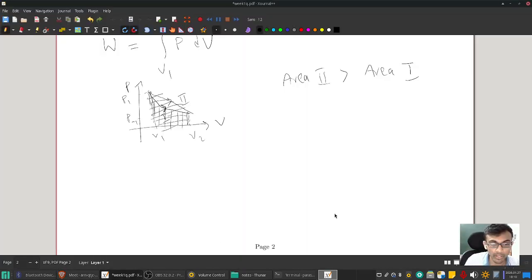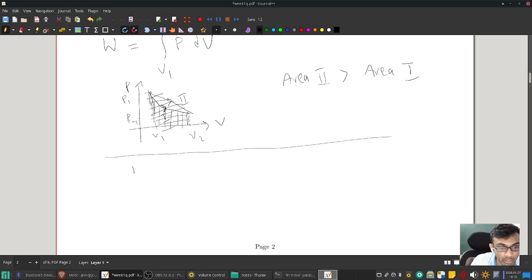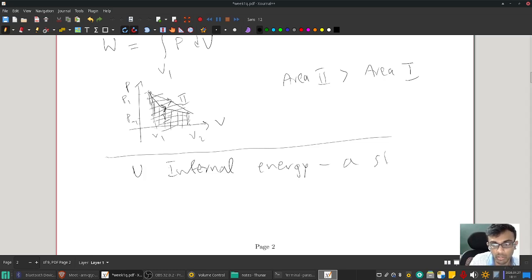Internal energy, let me denote it with U, is a state variable, which means it only depends on the state of the system and not on the history.